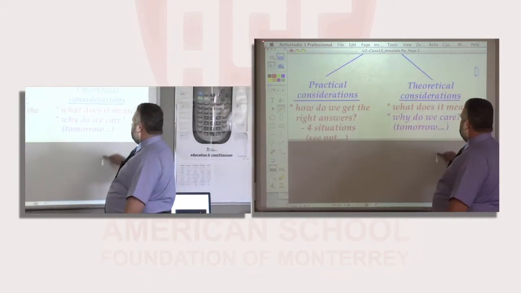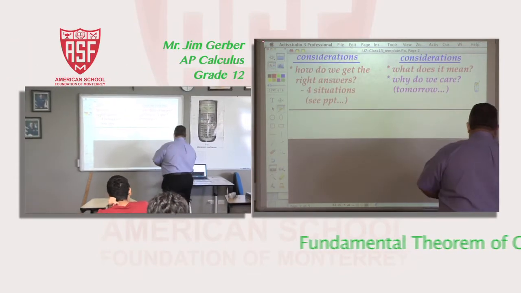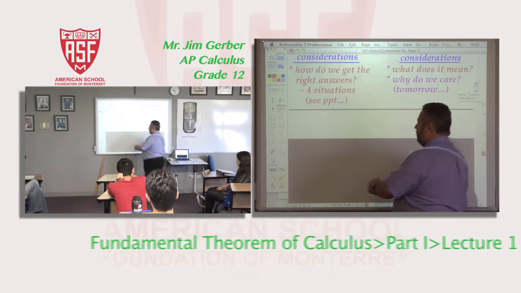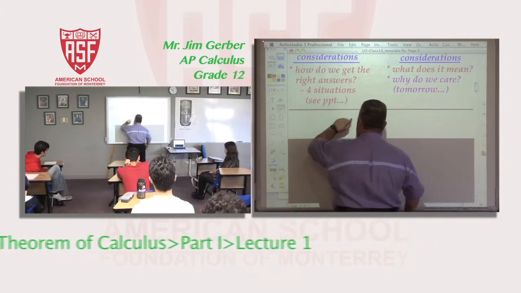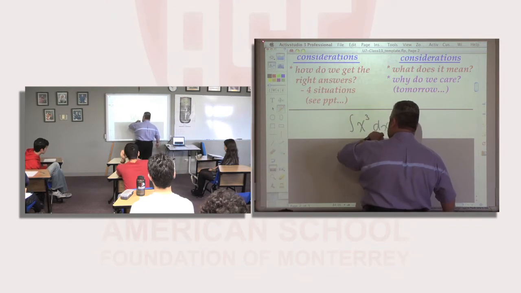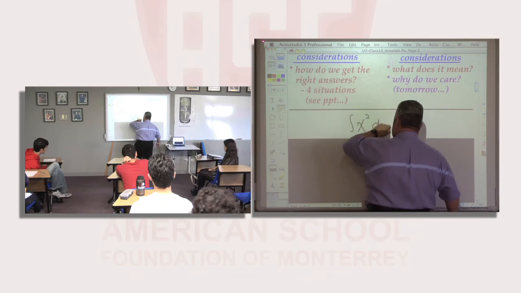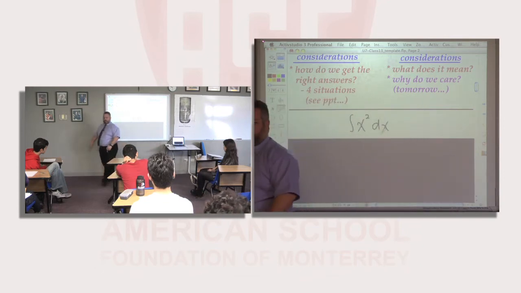I want to start with a very simple little review just to get you thinking the right way. Suppose I ask you this question. What is the integral of x squared dx? Everybody take a second and jot down your answer to that.